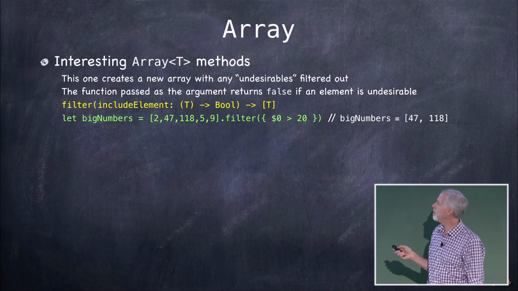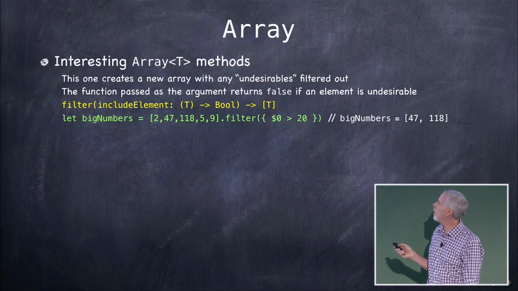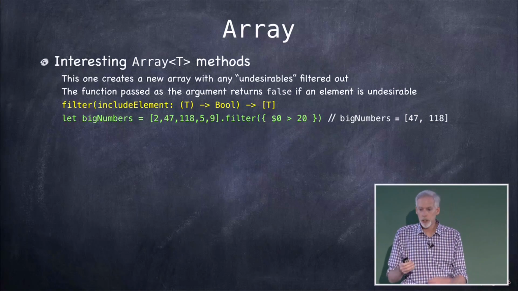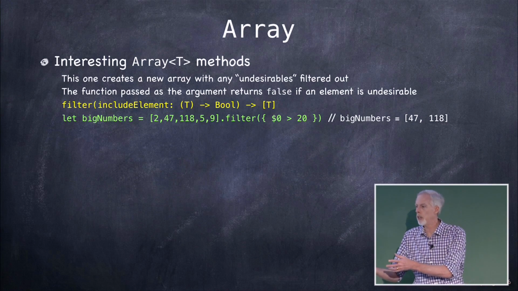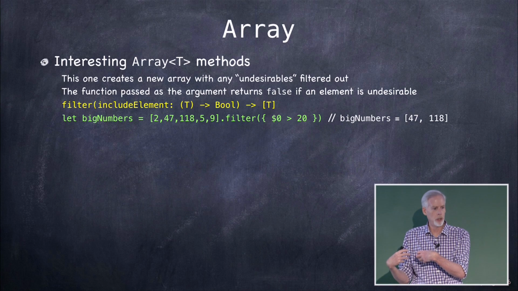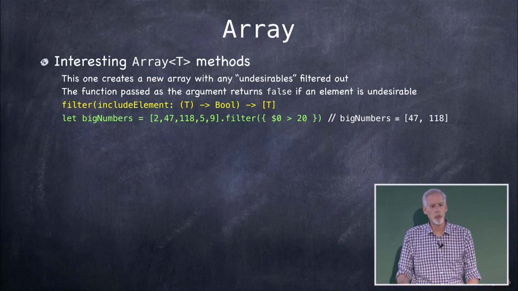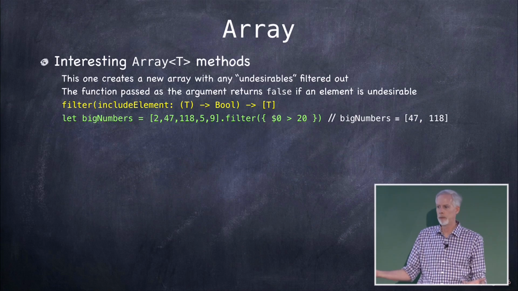So filter, okay, is a method in array. You provide a closure which takes whatever type is in the array and returns a bool. And it just executes that closure on every single element of the array. And it includes the ones where you return true from your closure. And it excludes the ones you don't. So filter returns a new array, which is only the things that match your closure.